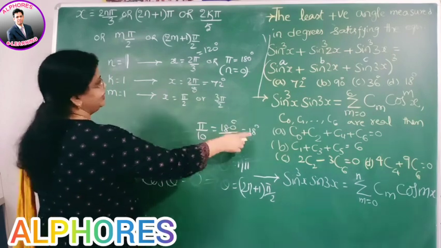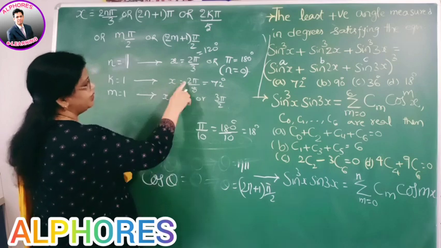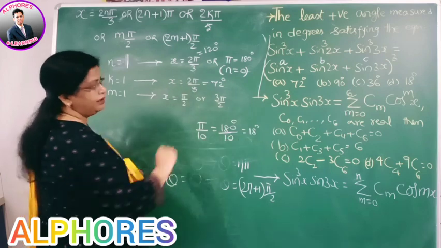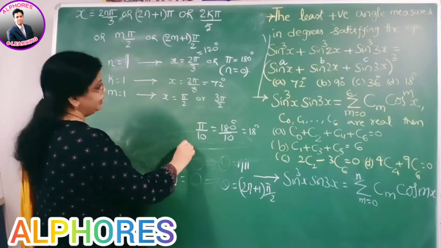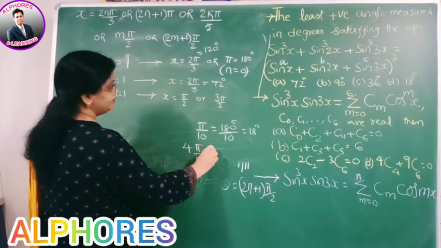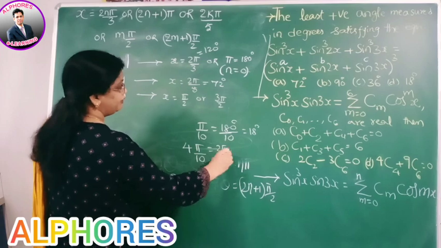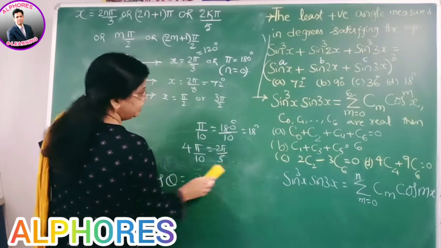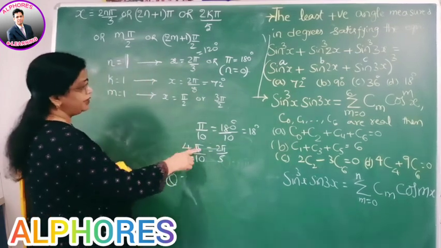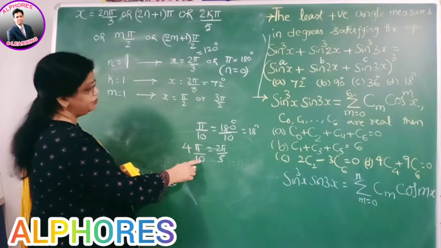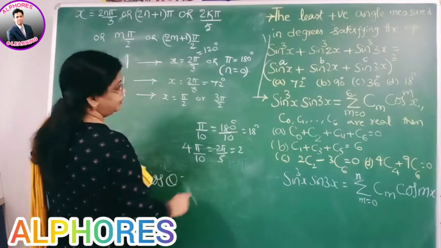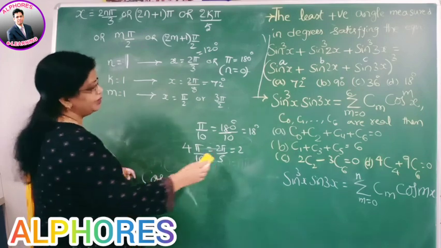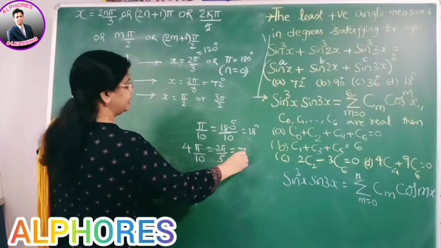Now 18 degrees, this value here, how much did you get? 2 into 18, it is nothing but 2 pi by 10. And next, 4 pi by 10, if I write, what is this value? 2 pi divided by 5. This is 4 pi by 10. So 4 pi by 10 means 2 here 2 times, 10 here 5 times, and therefore it is 2 into 36, and thereby you got 72 degrees, right?